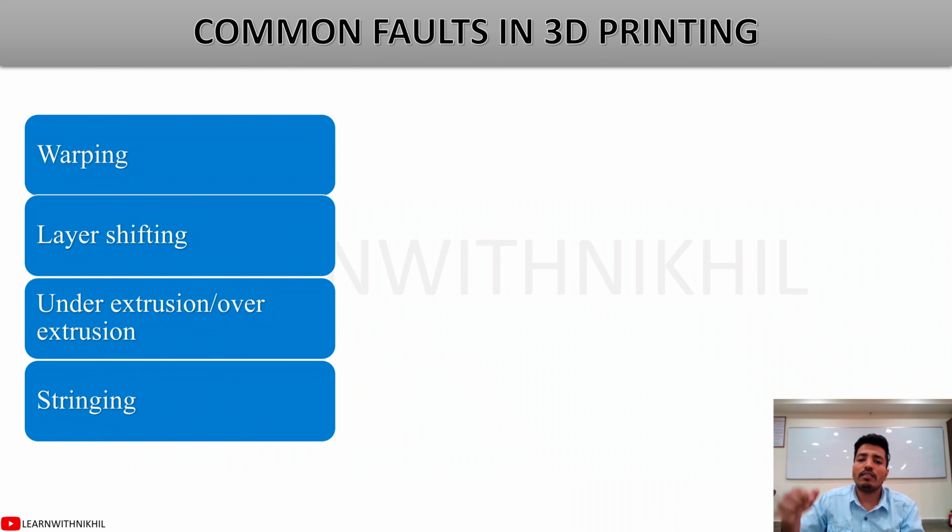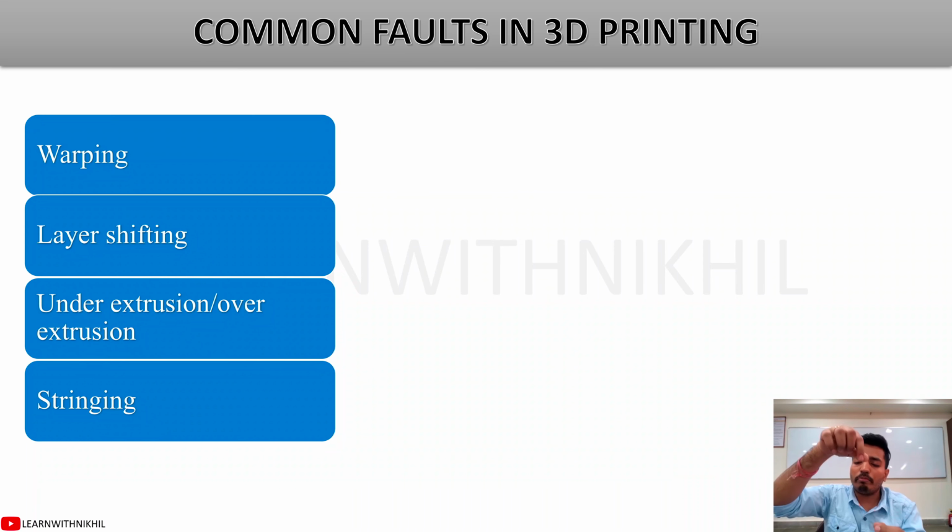Retraction is something I've explained in my previous lectures. Retraction is basically when the nozzle is going from one point to another, the filament is sucked upward. There is a millimeter adjustment you can do, like 0.4 millimeter it sucks upward, then it goes to the other point, then again the filament comes out.